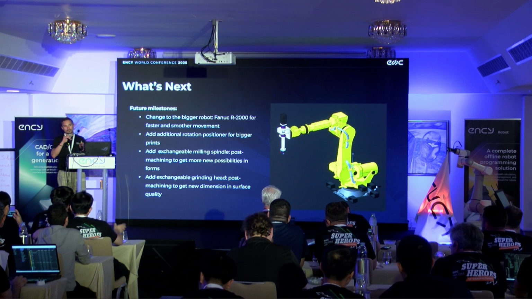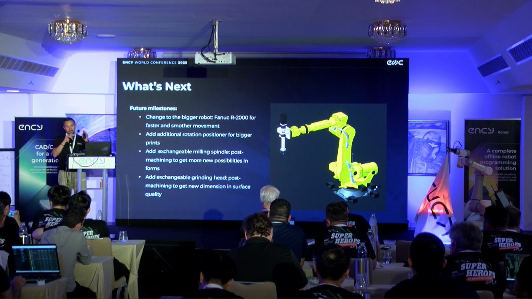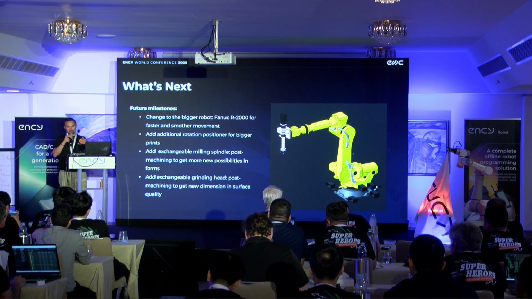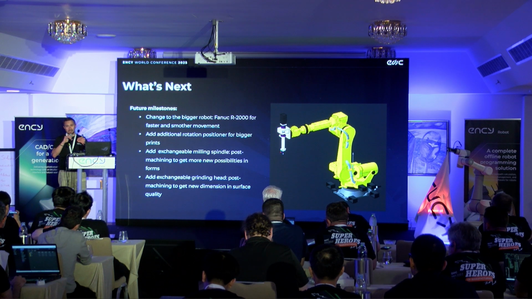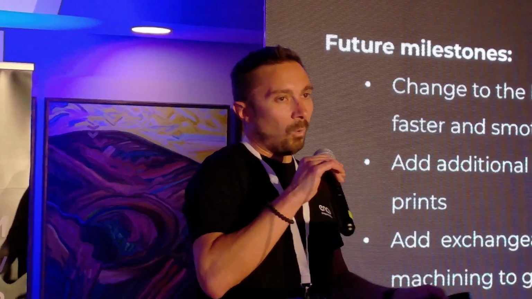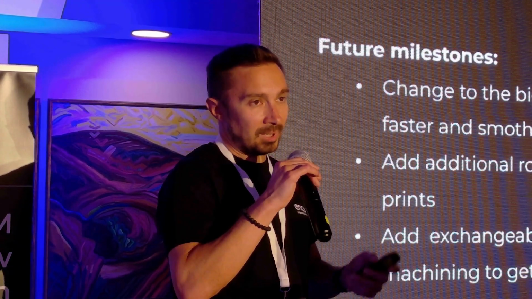And also a big opportunity will be to implement not only 3D printing but a hybrid process with concrete. It means after printing we can mill or grind the part.